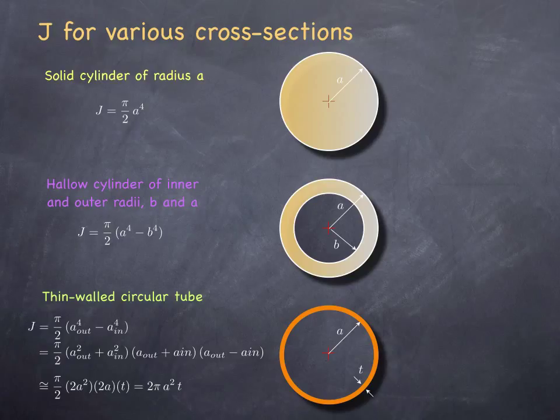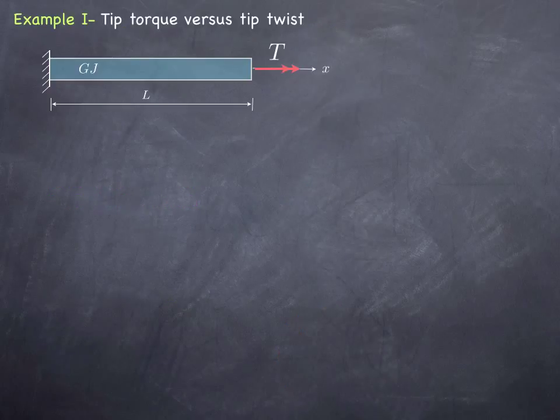Sometimes you see this approximation being used for J, but not the exact value, which is appropriate for all thicknesses, and this approximate value is only appropriate for cross sections with t much smaller than a. We encounter such sections in aerospace structures, obviously.